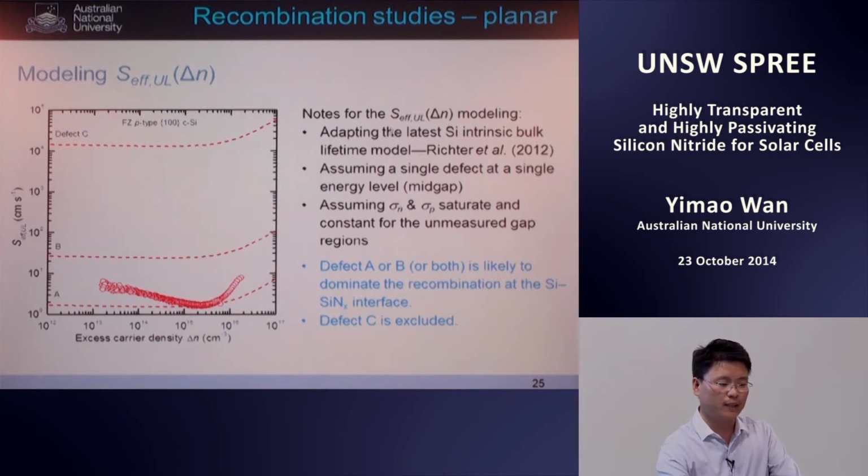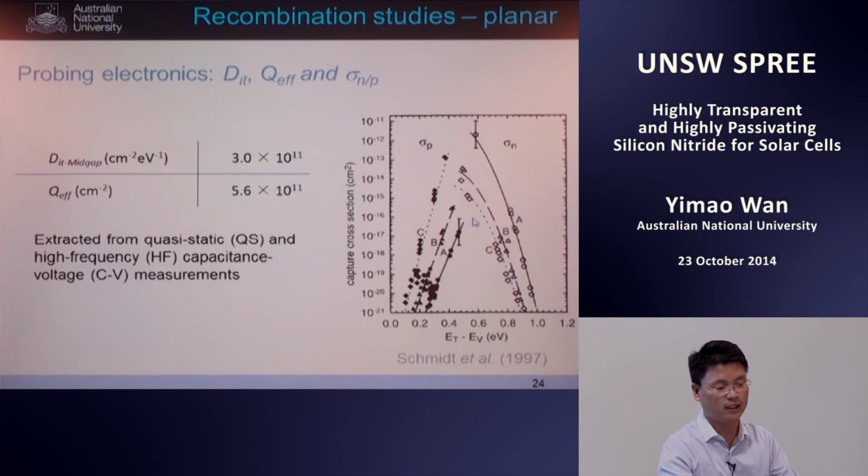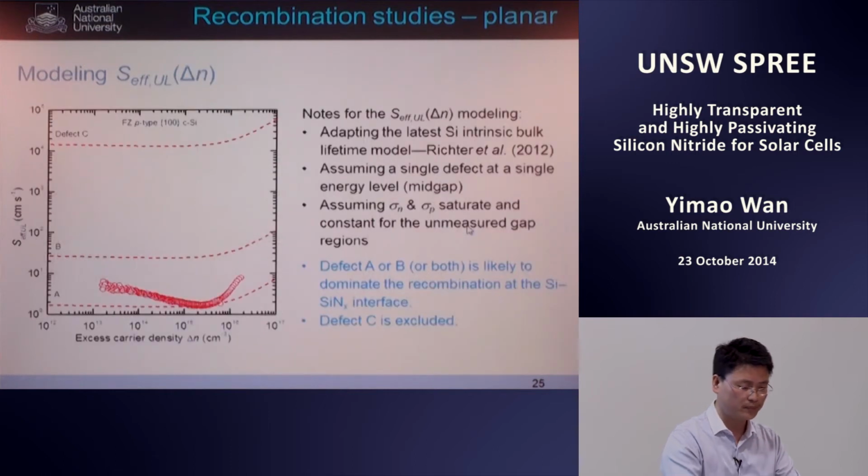In this model, we adopted the latest silicon OJ limit or intrinsic bulk model by Richter, and we assume a single defect at a single energy level, and also assume the capture cross section saturates. Because for this measurement, the capture cross section seems not to saturate, it might keep increasing or saturate at some level. But in this case, we just take the highest value from here and do the modeling.